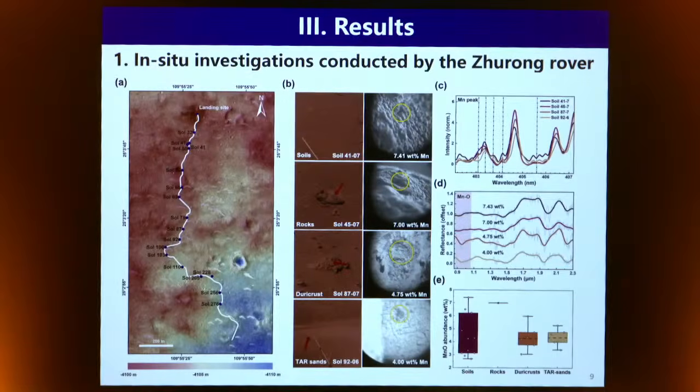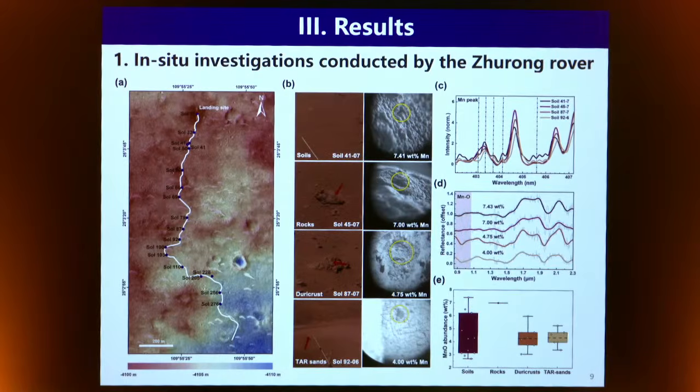Here are our findings. The Zhurong rover traversed almost 2 kilometers southward from its landing site. Along this traverse, 4 types of geological materials were identified, which are soils, rocks, ripples, and tar sands.